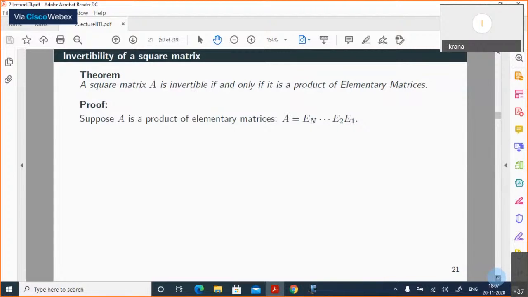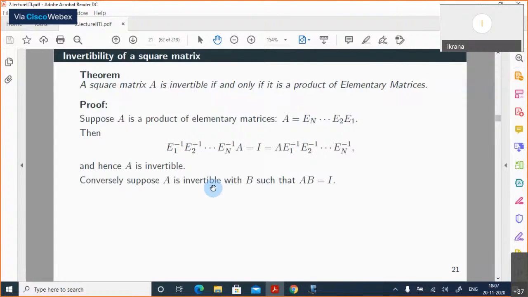Conversely, suppose that A is invertible and B is the inverse, so AB equals identity. What we want to show is that A is a product of elementary matrices. If A is not a product of elementary matrices, then what will happen? That means the reduced row echelon form of A cannot be identity.